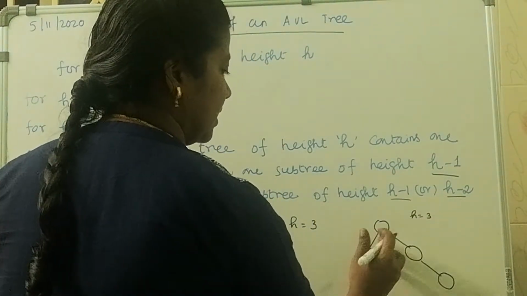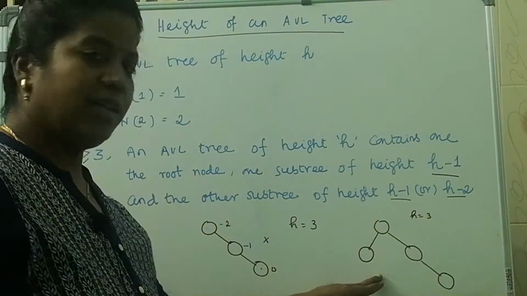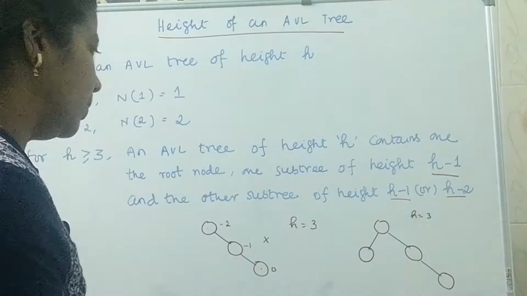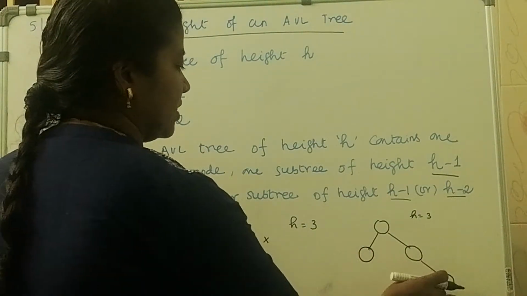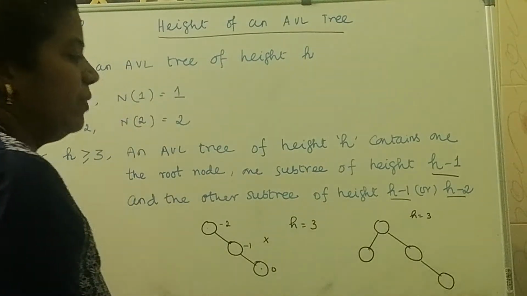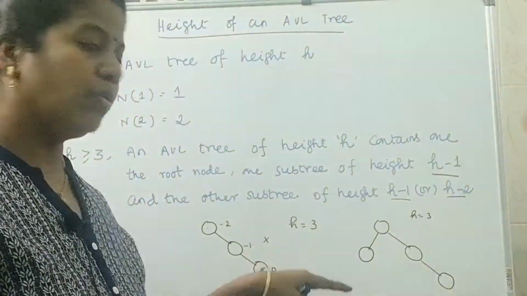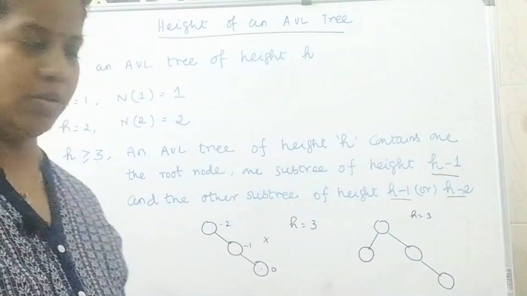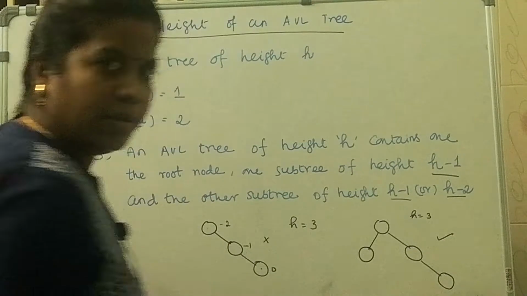Now you can see that the balance factor is satisfied here, because it has left subtree height 1 and right subtree height 2, so 1 minus 2 equals minus 1. But among all possible AVL trees, we want the one with the minimum number of nodes, and I think this is the one.